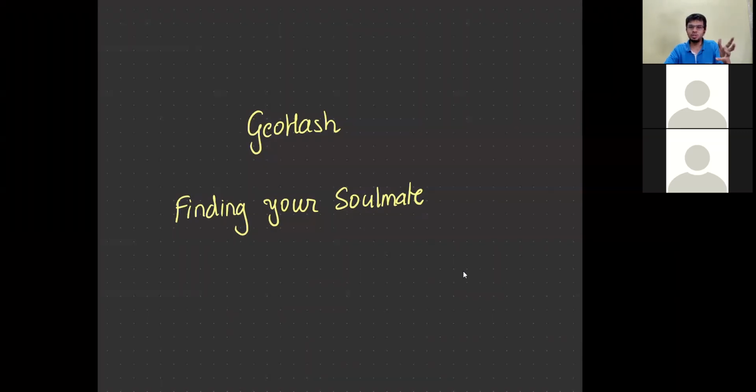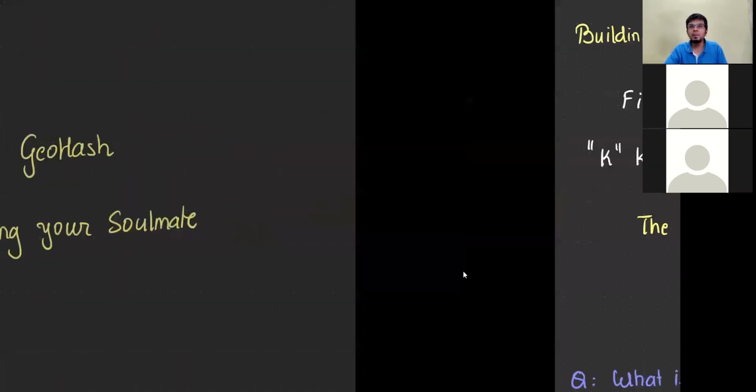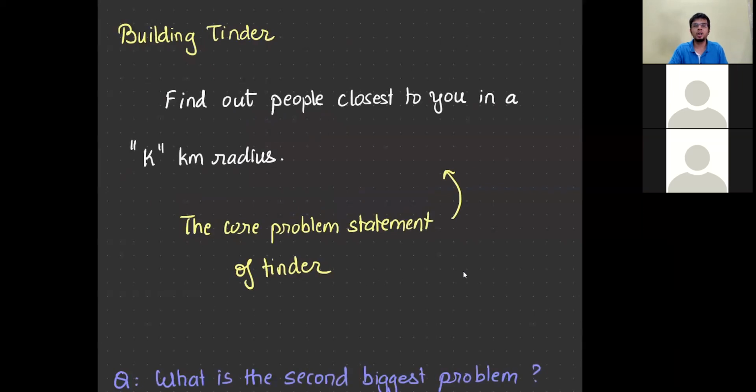The biggest challenge that Tinder had was to find out people near you. When we talk about Tinder, it's all about: I'm at a pub, I'm dancing to some tune, and I'm like, chalo, let's hook up, and you open up Tinder, and it shows you people who are geographically near to you.